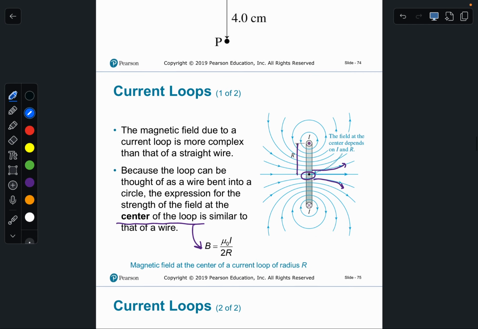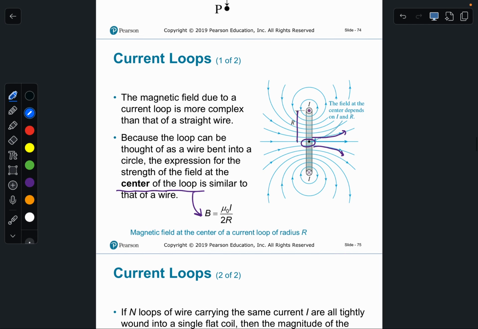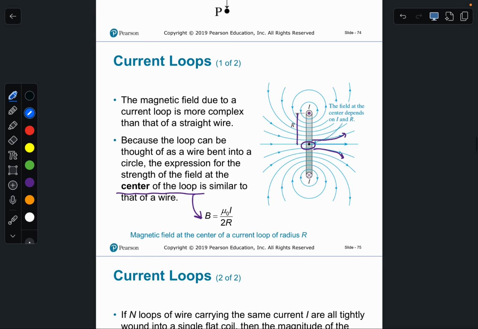So then we started talking about current loops. The magnitude of the magnetic field in the current loop looks very similar, right? Except there's no pi in the denominator. The pi is gone. The other distinction between this equation and the other one is that this B field is only accurate and true at the center of the loop.